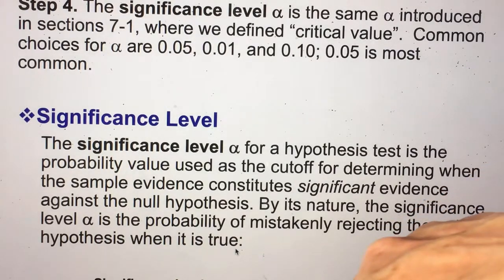So alpha is the probability of rejecting the null hypothesis when it is actually true. We're going to talk about the different types of errors, and that is one type of error, rejecting H sub 0 when H sub 0 is really true.